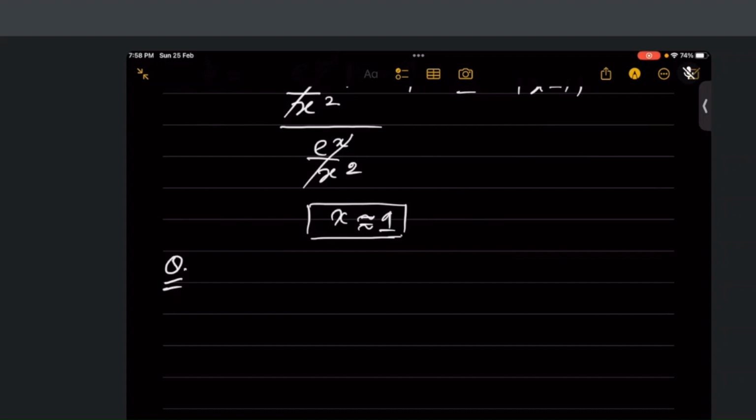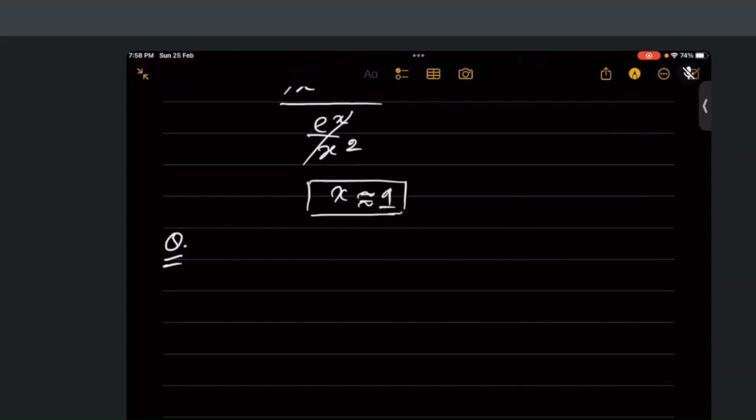So for the next question. Next question is also a similar question. No, it's not similar. It's basically different.